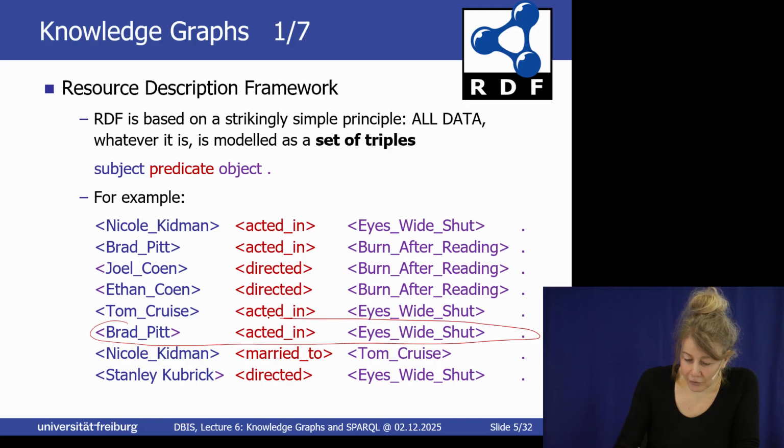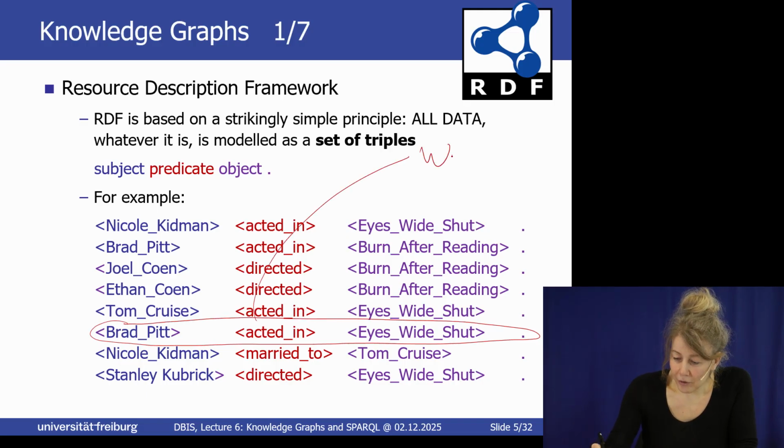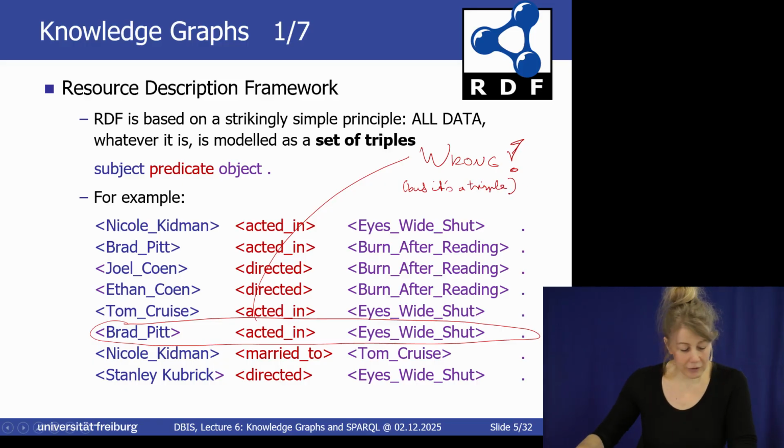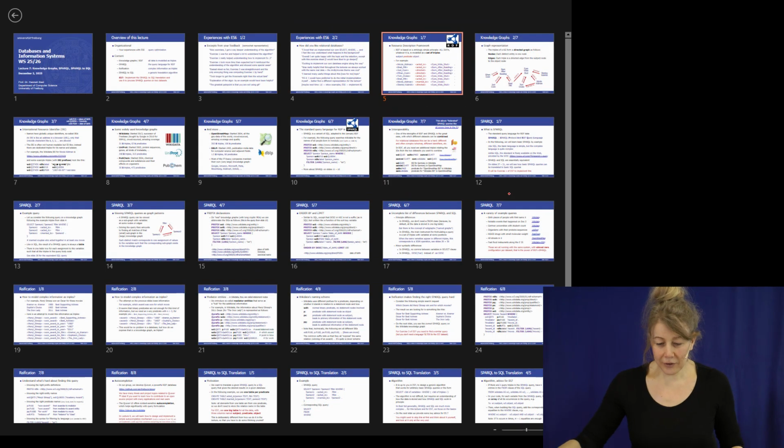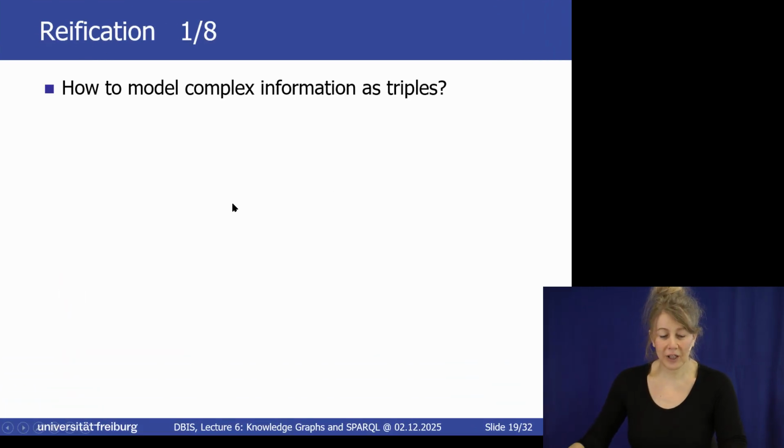And thank you for persisting, and sorry for the mistake. Yeah, but it's a triple. So you can put in your database whatever you like, whether it's wrong or right is a different thing. So let's continue, and thank you for participating.